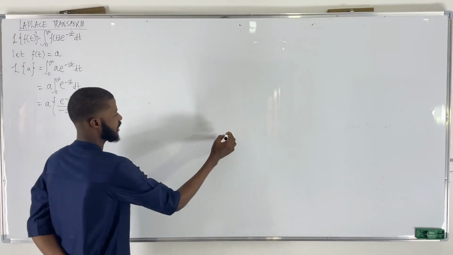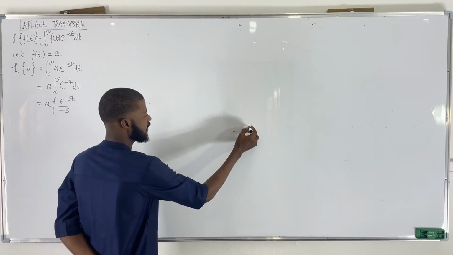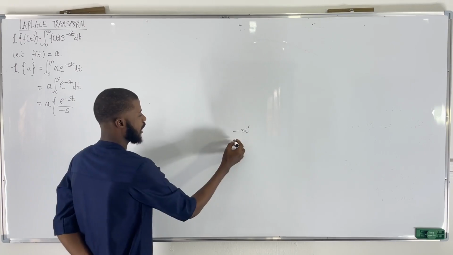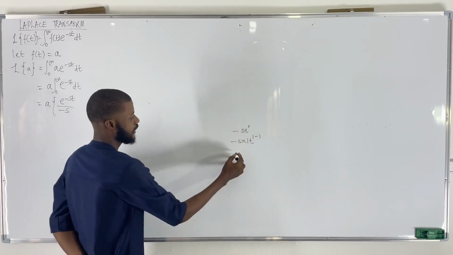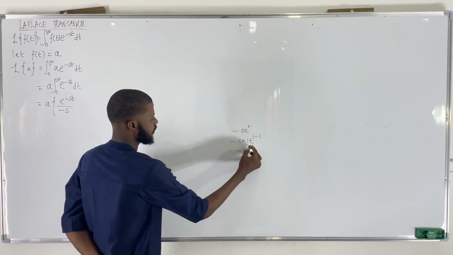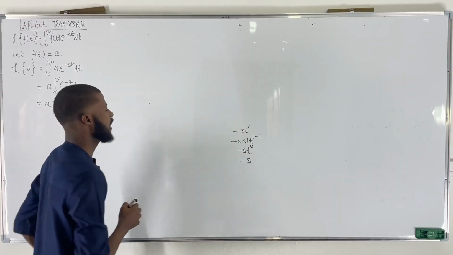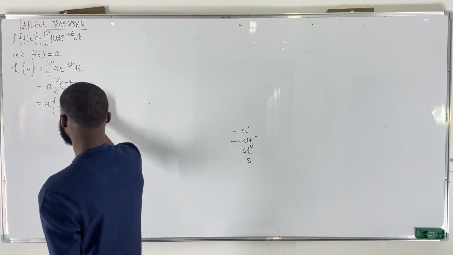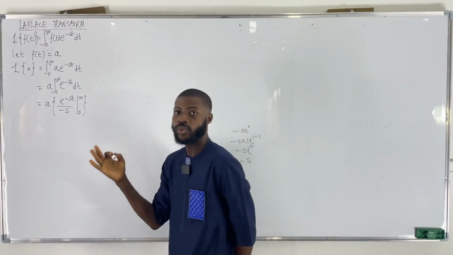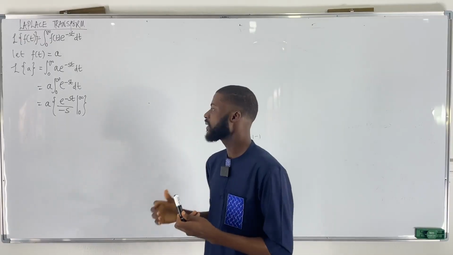We have minus st. When you differentiate this, the t is to the power of 1, so you have minus s times t to the 1 minus 1, which is t to the 0. So this will just be minus s. That's why I have minus s there. And then my limits of integration would be 0 to infinity.